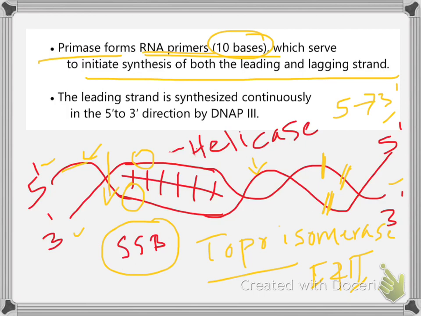So first of all we want a primer. The primase synthesizes a primer of 10 nucleotides. This is the primer. Here this strand is in the 5' to 3' direction, and here this is 3' to 5' direction.